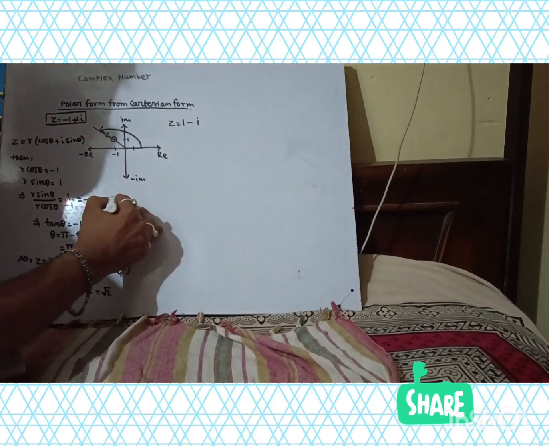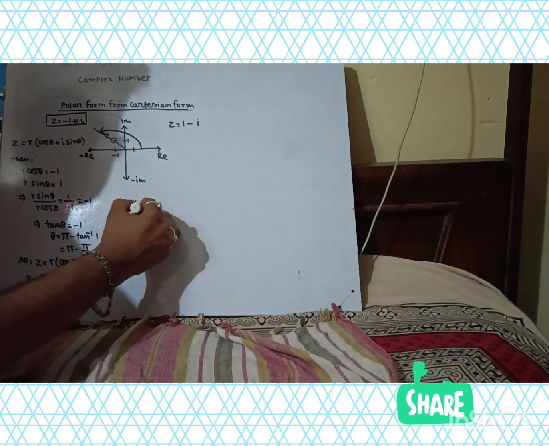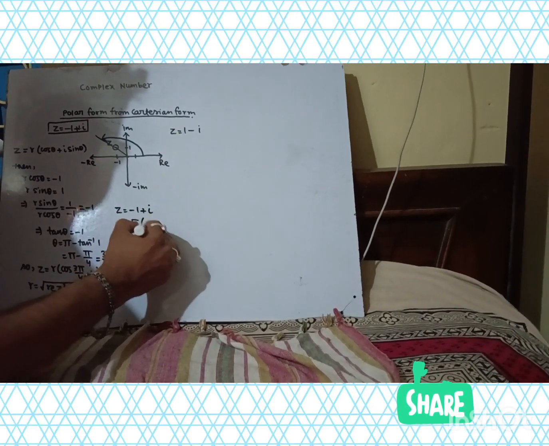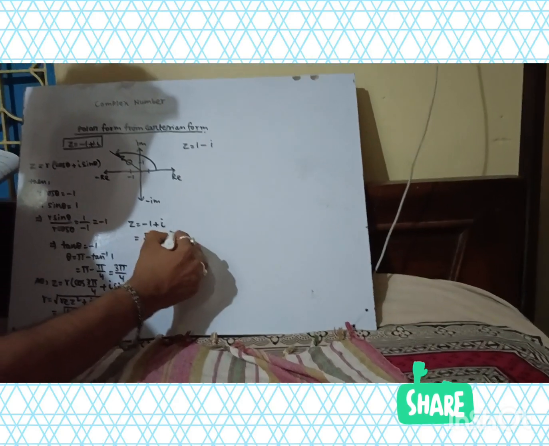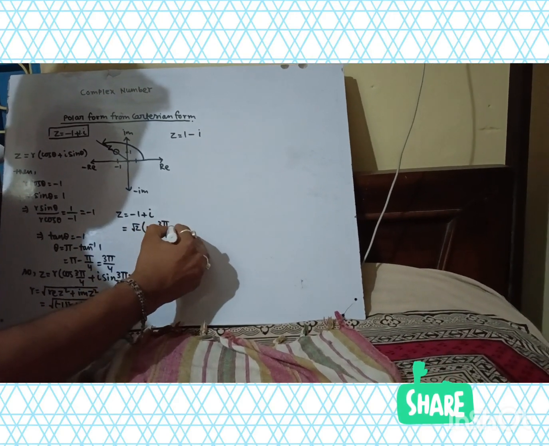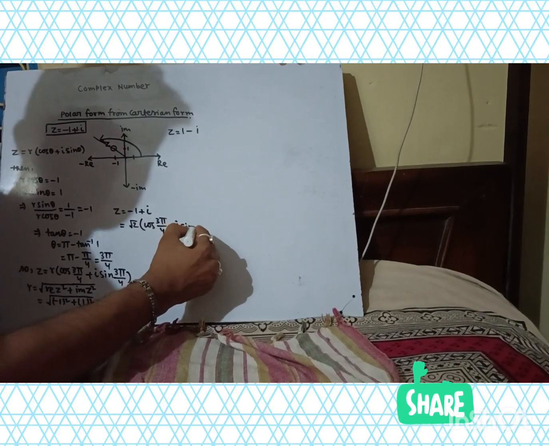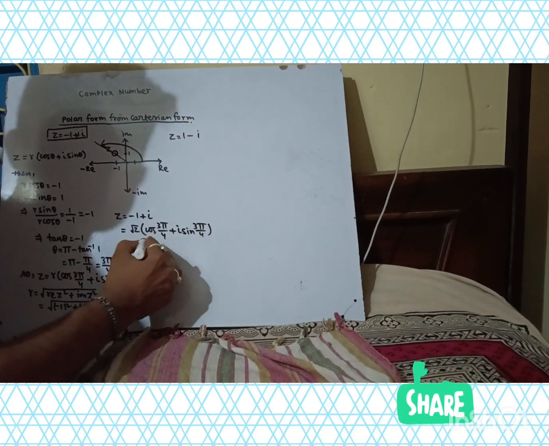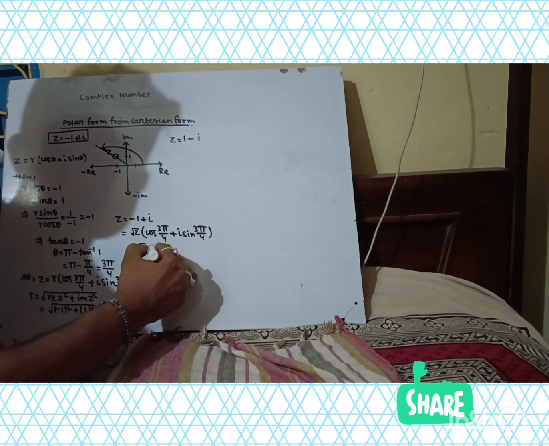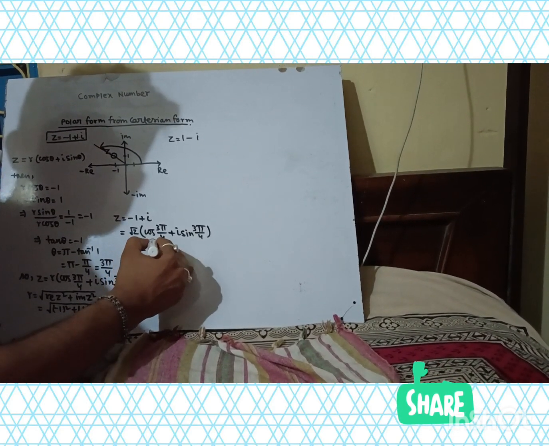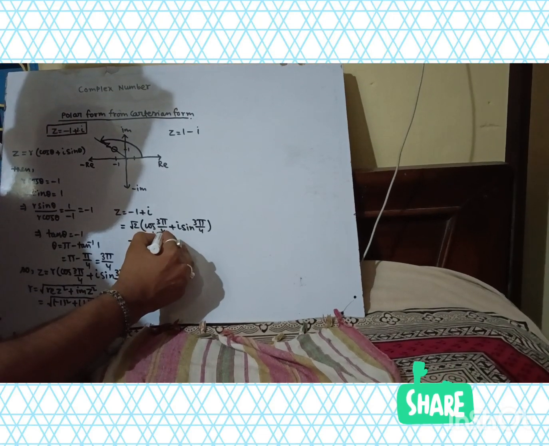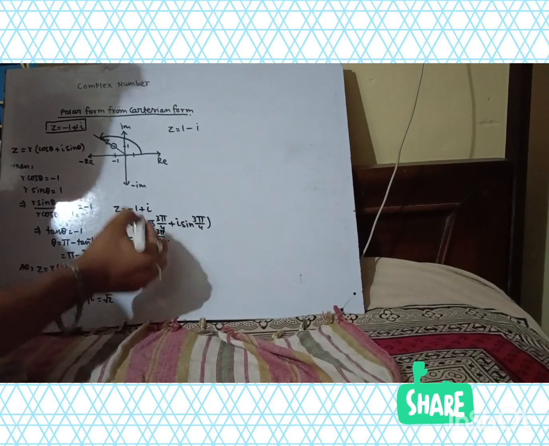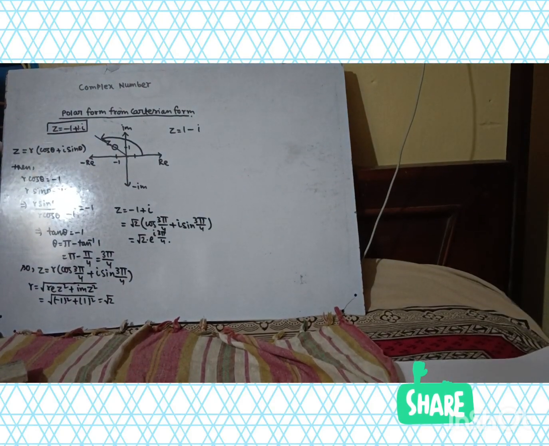So z is equal to minus 1 plus i, which is equal to root 2 (cos 3 pi by 4 plus i sin 3 pi by 4). It can also be written as root 2 e to the power i 3 pi by 4. It is the exponential expression of z.